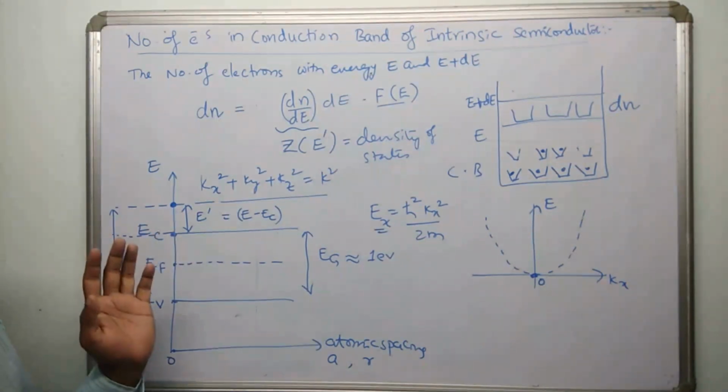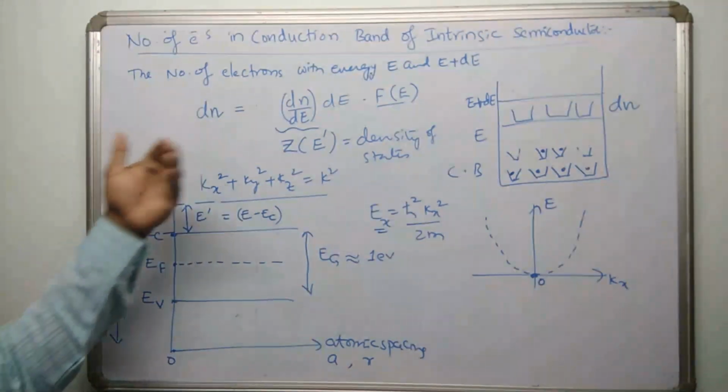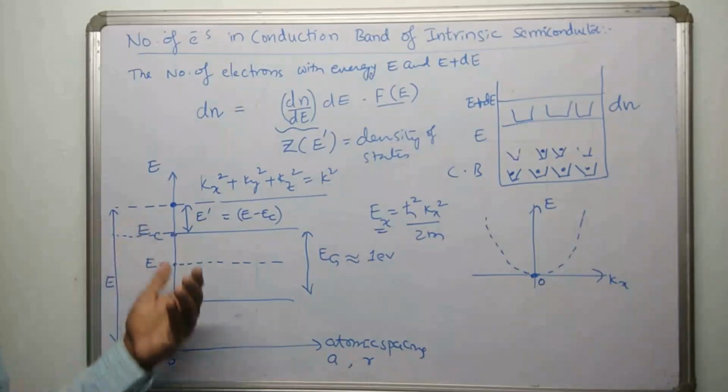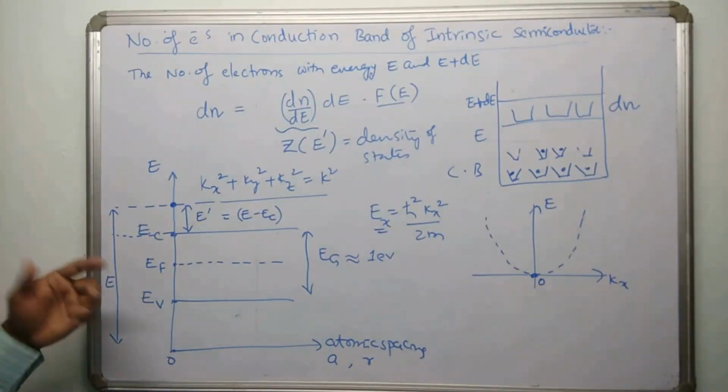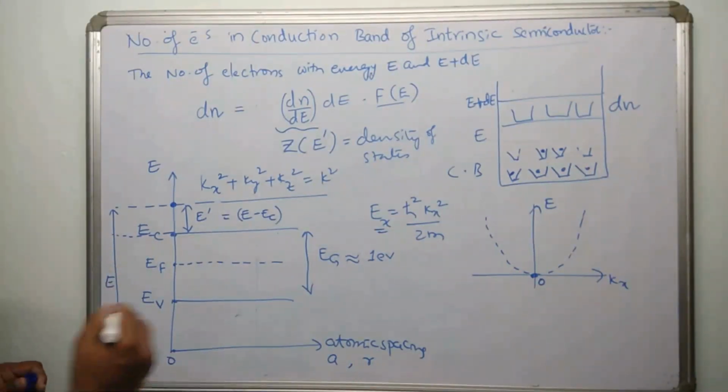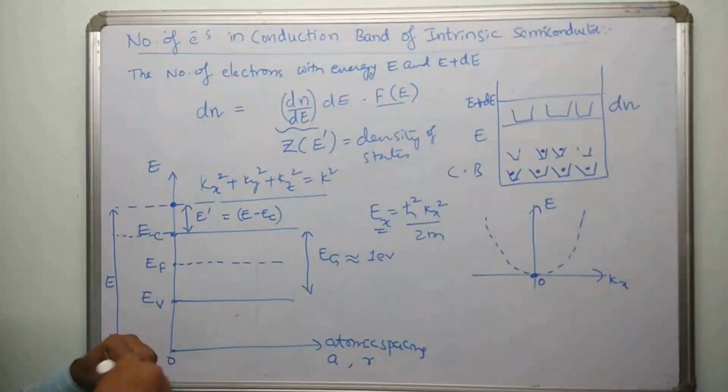This is one way. And if you want the total number of electrons inside the entire conduction band, actually we took a small differential level. You can compare this diagram here. Let me show it with an enlarged view.